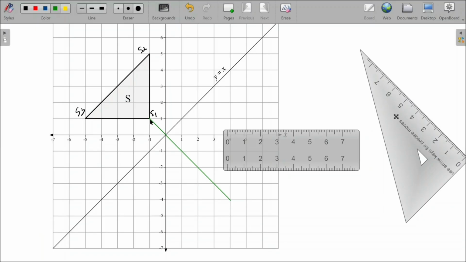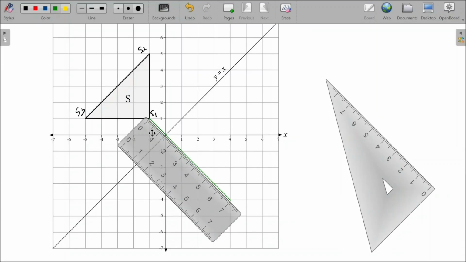Next, we measure the distance on the green line between S1 and the line of reflection, which is here. Now this is 0, this is 1, 1.1, 1.2, 1.3, 1.4. It's 1.4. So the distance between the line of reflection on the green line and T1 would also be 1.4.